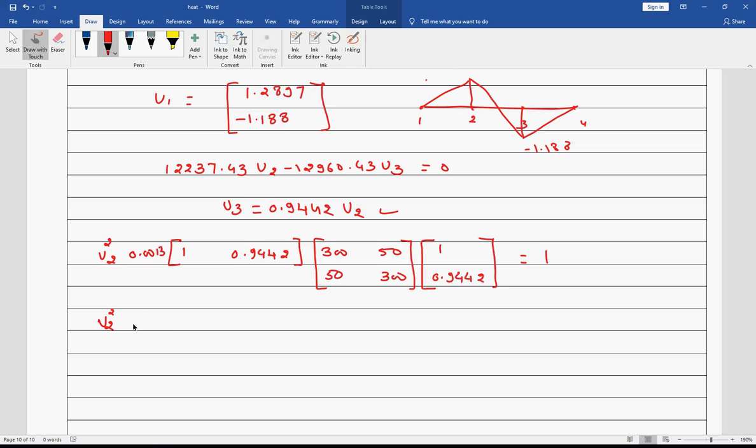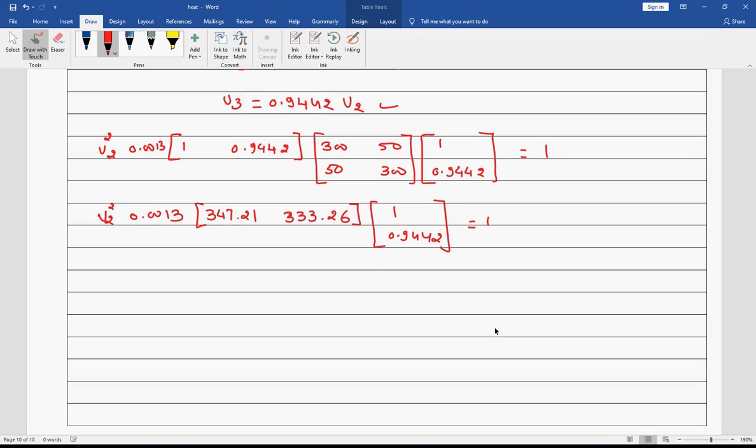So this is common, 347.21, and this will be 50 plus 300 times 0.9442, so I am getting 333.26, into 1, 0.9442 is equal to 1.